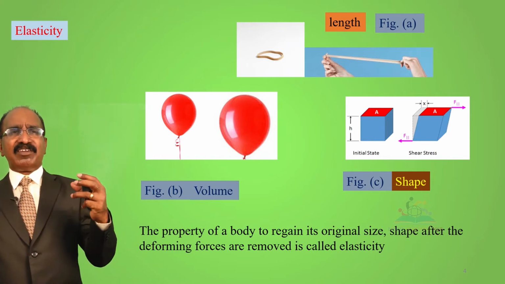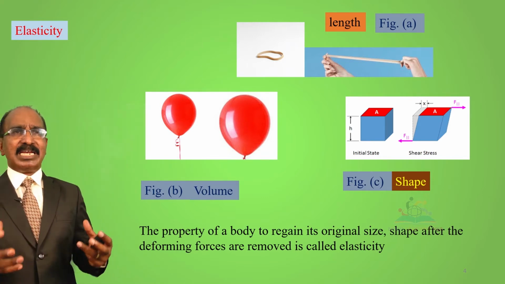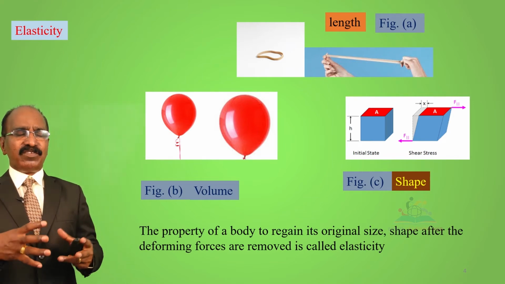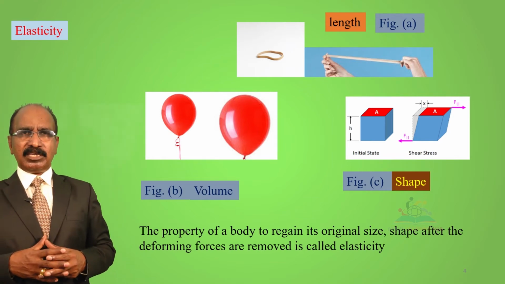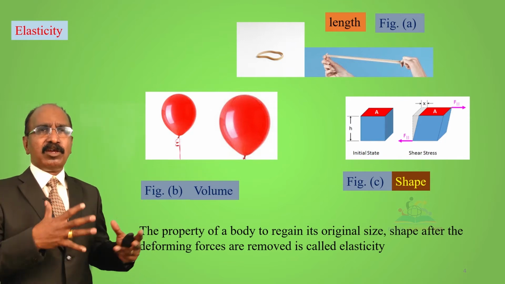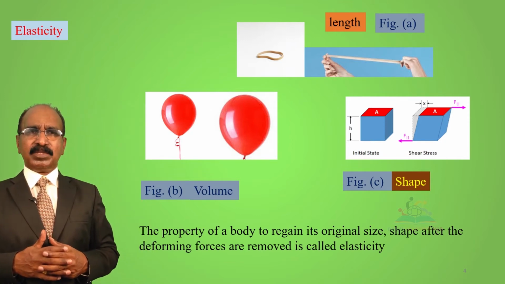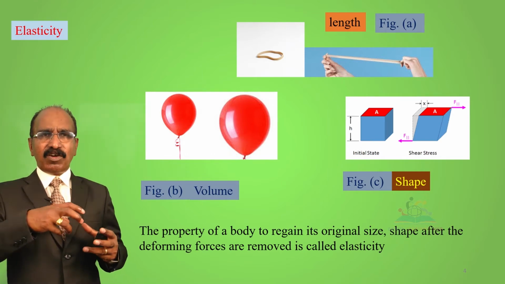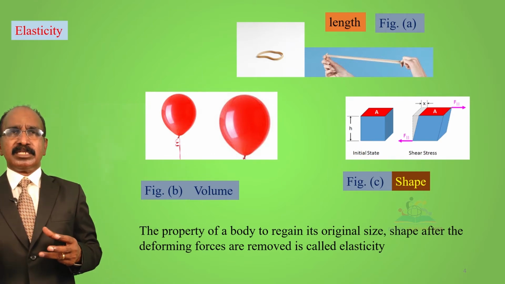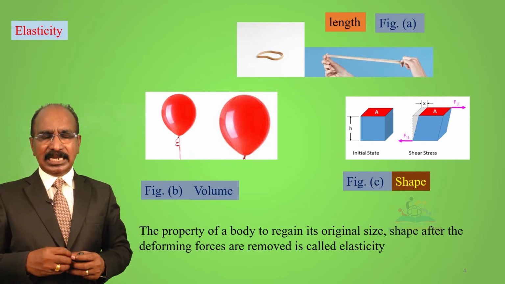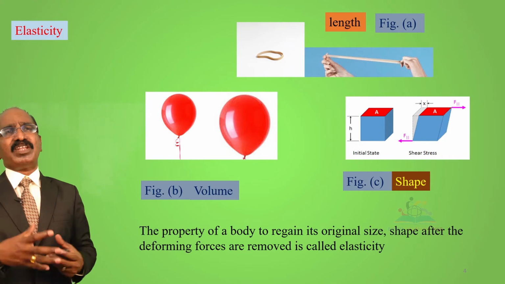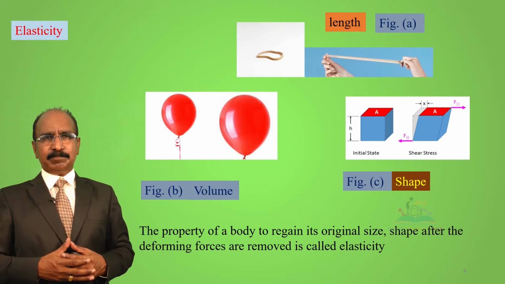Similarly, if you remove the air from the balloon, it regains the original shape. Similarly, if you take that block and remove the force, the body will once again be in the original size. Therefore, we come to the conclusion that when the deforming forces are removed, the body regains its original length or original size or original shape. You call this phenomenon elasticity.